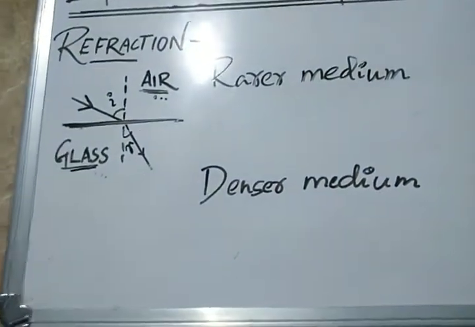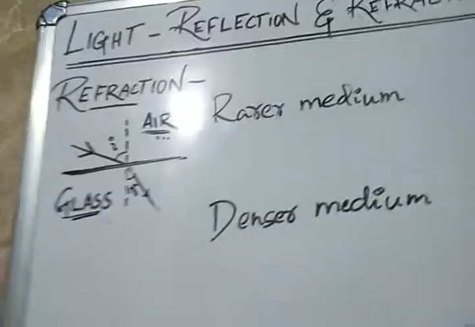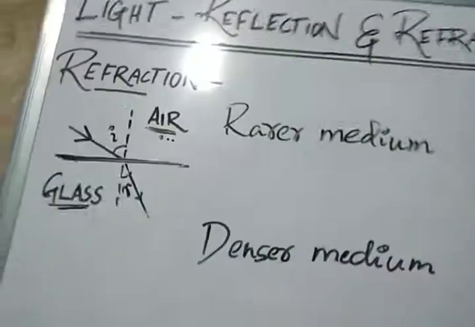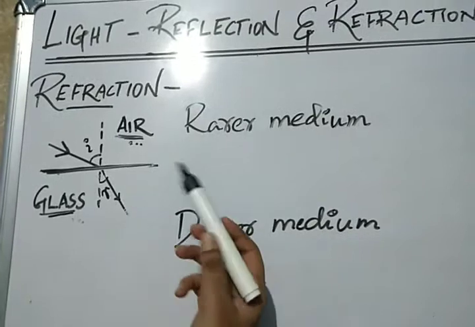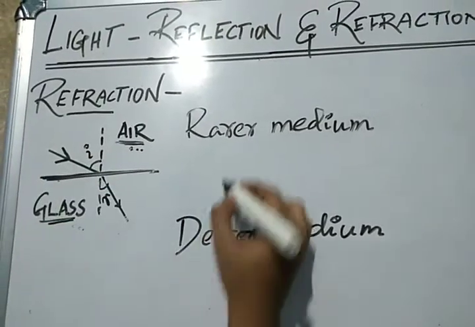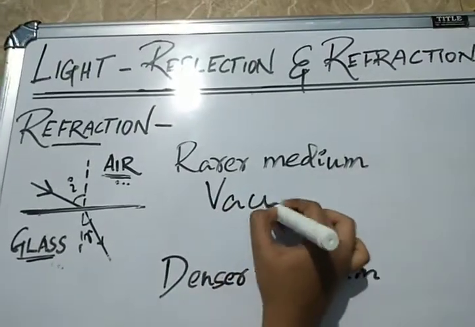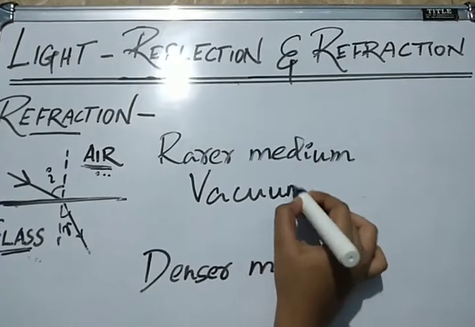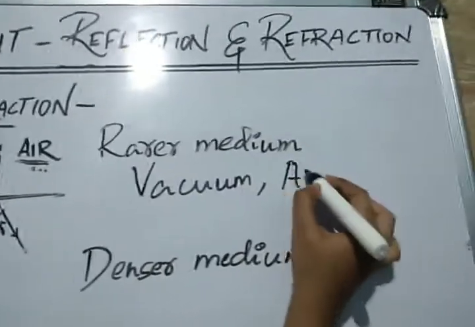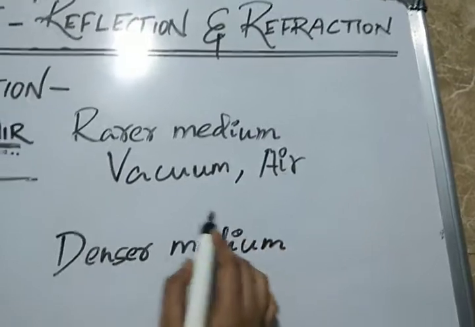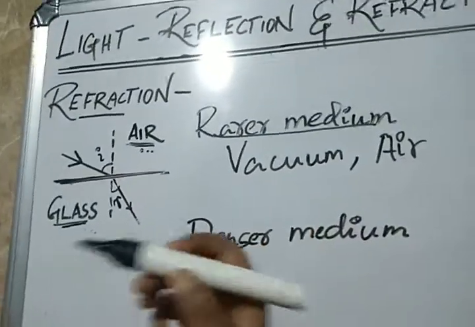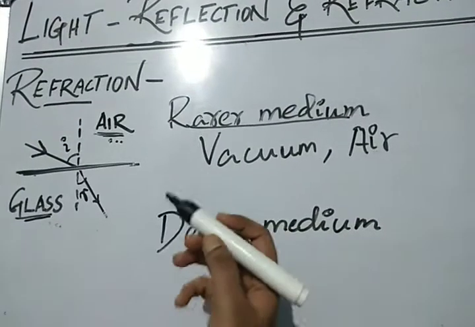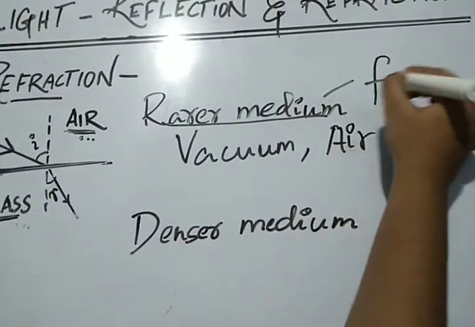Rarer medium means any medium through which the speed of light is faster. The speed of light is faster in vacuum. The speed of light is faster in air. Such media are known as rarer medium, the medium in which the speed of light is faster.